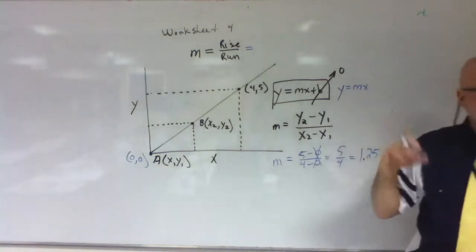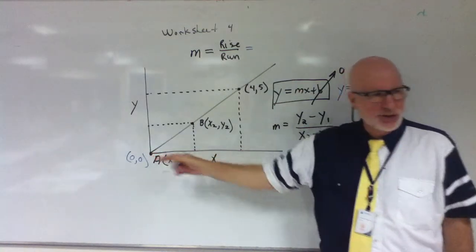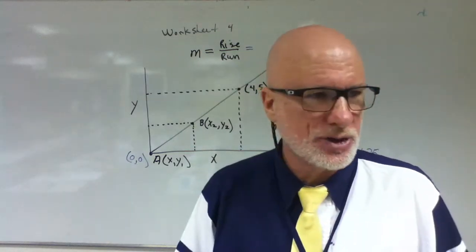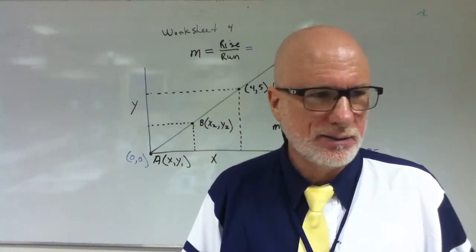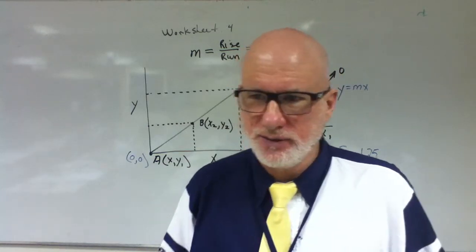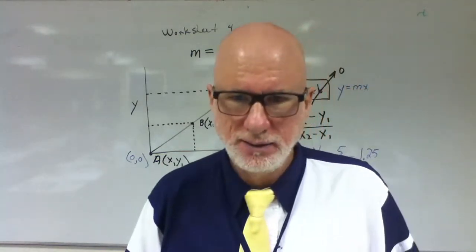For any plot that goes through the origin, I'm going to tell you what m equals. Are you ready? This is big. This is the first big thing you've learned in physics so far. Write this down.